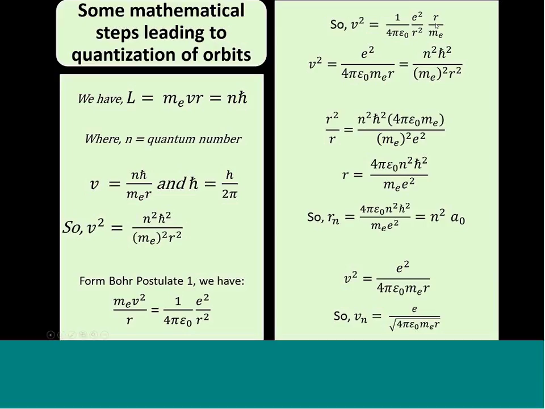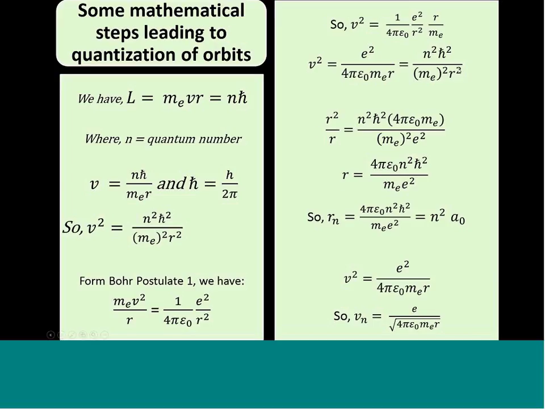So bila bawa ke sebelah kanan akan terbalik, so akan R per M. Okay, pada sini awak boleh cancelkan R dengan R kuasa 2, just remain only R. Okay, dapat V kuasa 2 equal to 4 pi E0 MER. So V kuasa 2 yang ni adalah sama dengan V kuasa 2 yang telah dibuat mula tu. Okay.